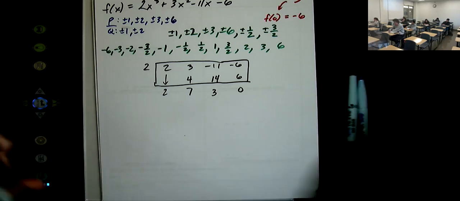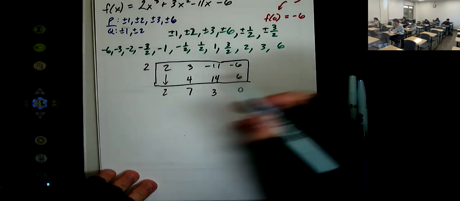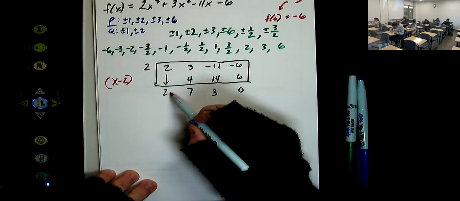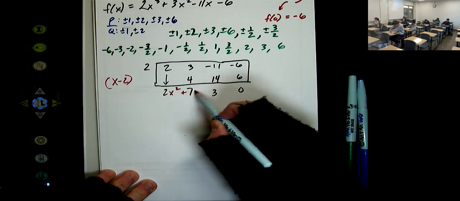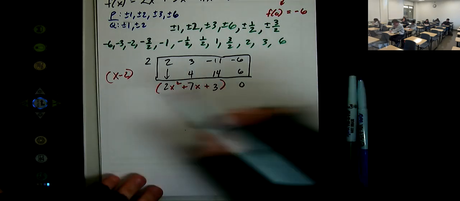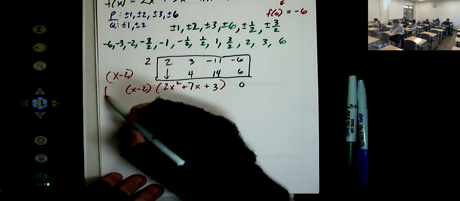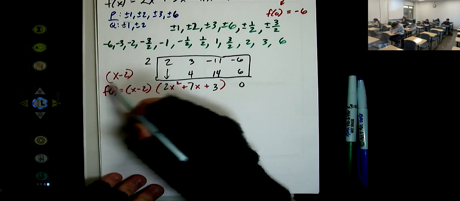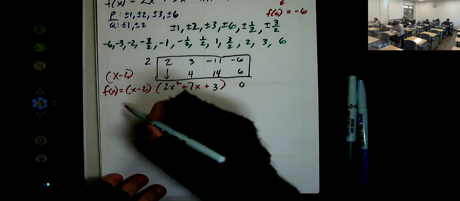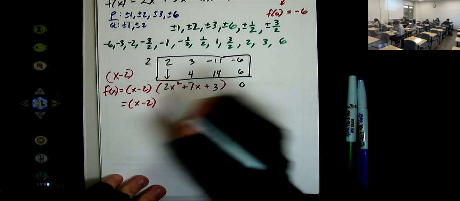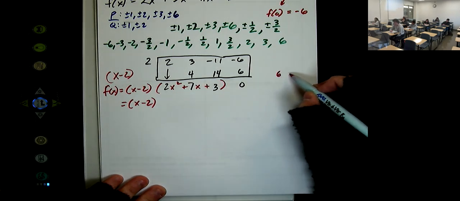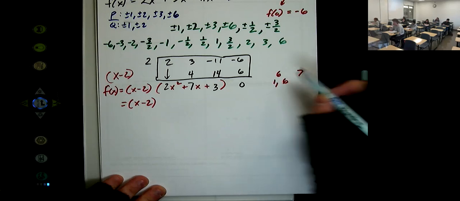Since it's a 0, this gives us x minus 2 as a factor. And what we have left is a polynomial of 1 degree smaller. So my f of x right now is currently that. At that point, I can factor. Let's see, I need to multiply to 6 and add to 7, which is going to be 1 and 6.